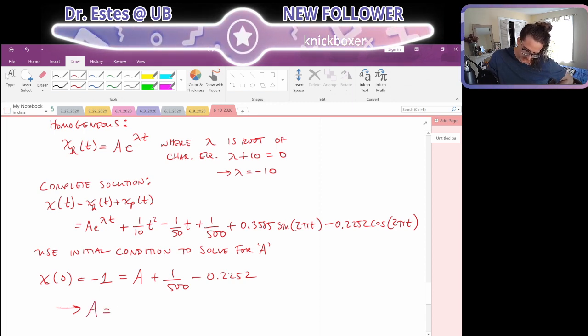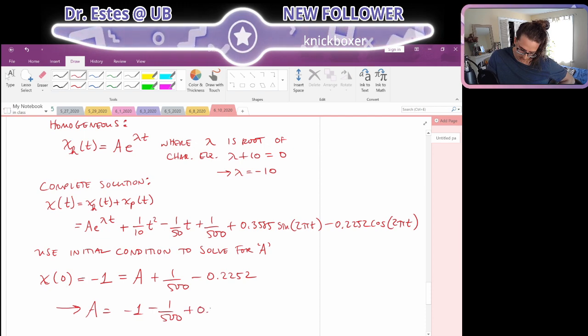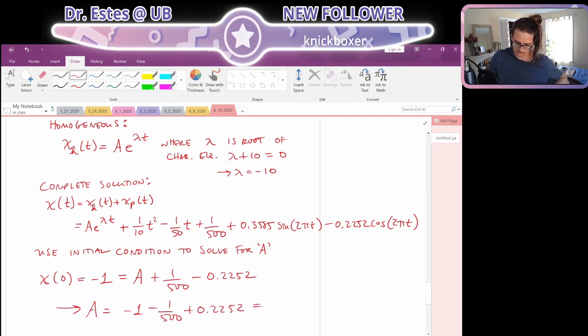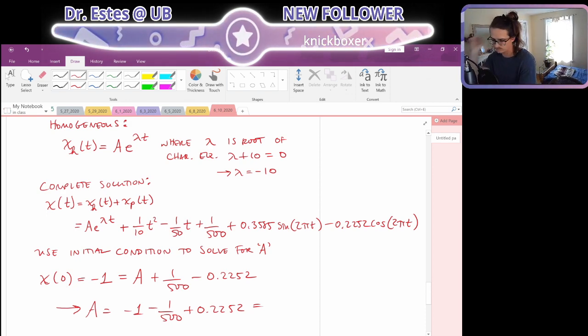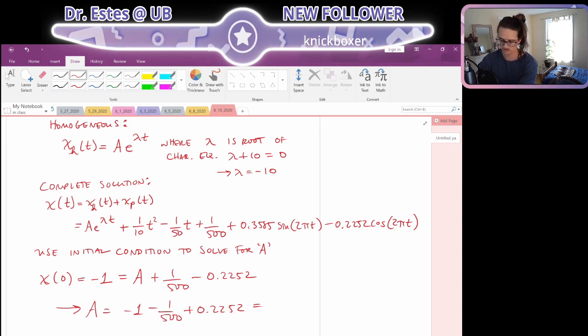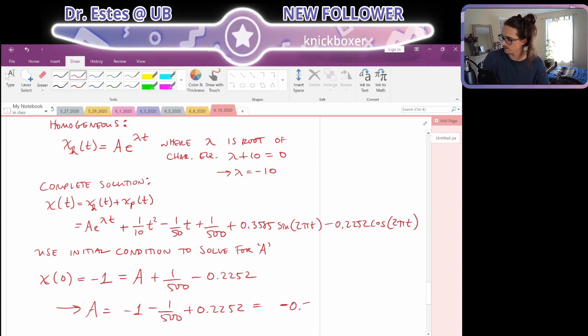So that means a is -1 over 500 plus 0.2252, divided by 500, which is minus 0.7768.